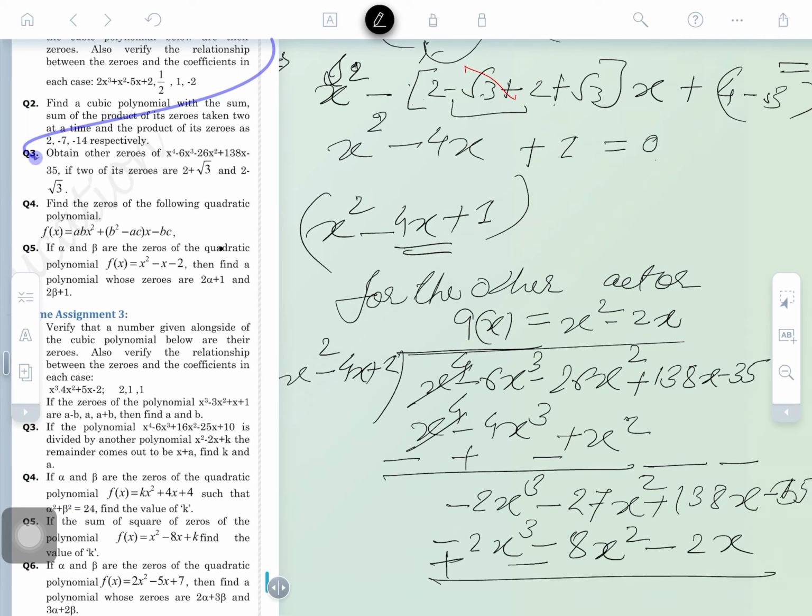Further it's positive, it's cancelled here. Minus 27 plus 8, how much is this? 19, it shall be there. And the next is 138 plus 140, x, and minus 35.